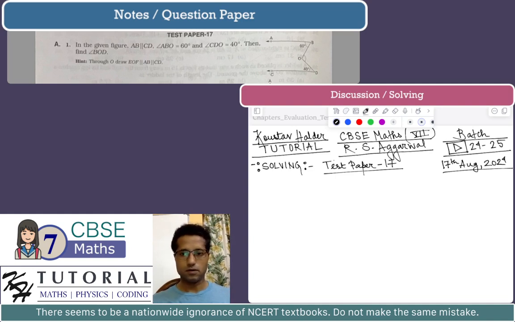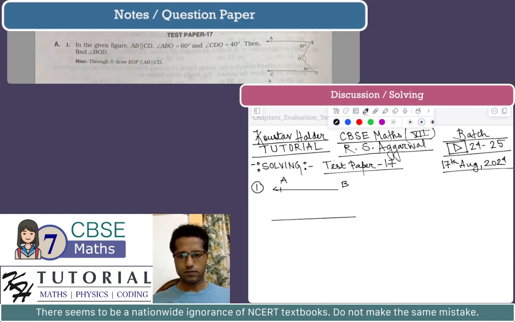In problem number 1, we have a figure which says in the given figure AB is parallel to CD. Okay, so first let's draw the figure. AB is parallel to CD.